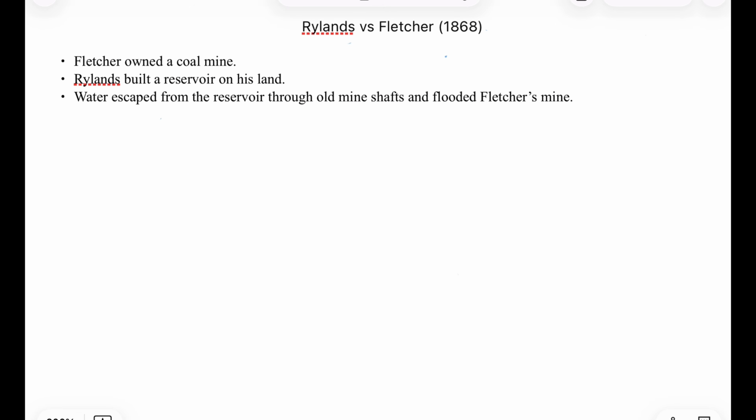In this slide, we are going to discuss the Rylands versus Fletcher case law, which was held in 1868. This is a landmark case which deals with strict liability, which was held in the House of Lords. The decision for English tort law was given on the 17th of July, 1868. This established the modern rule of strict liability for certain dangerous uses of land.